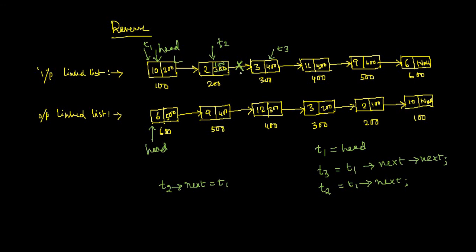So if I consider the same set of statements for connecting T2 behind T3, this node which is currently pointed by T3 must be pointed by T2, and this node which is currently pointed by T2 must be pointed by T1, and at the same time the new node, the fourth node, must be pointed by T3.